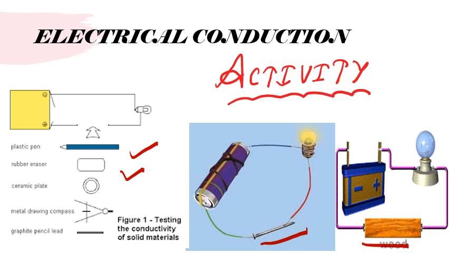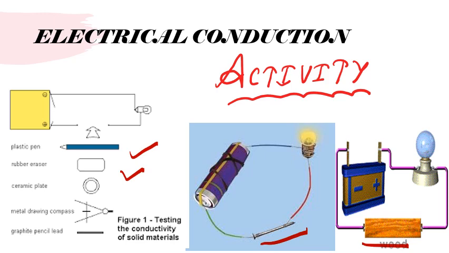Now we have to connect one by one the samples of the materials between the open ends of the wire. And on joining the wires with the samples, we have to notice whether the bulb glows or not.